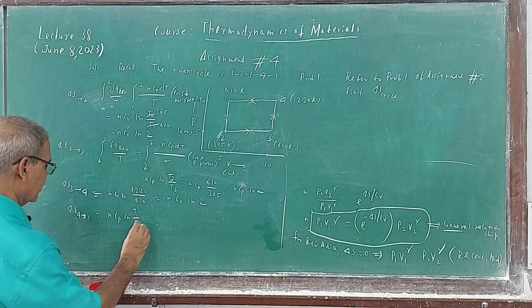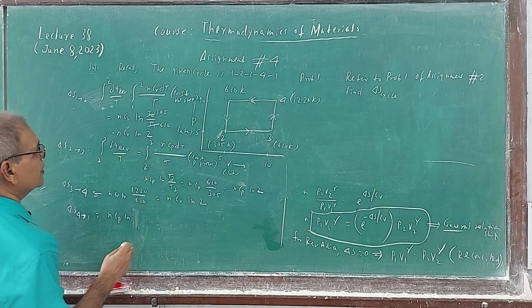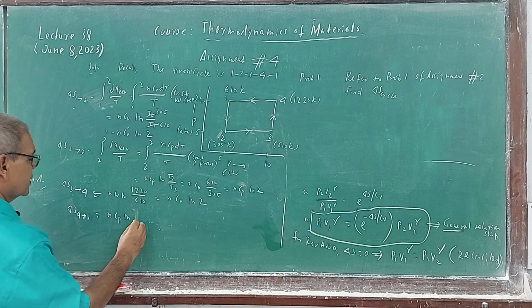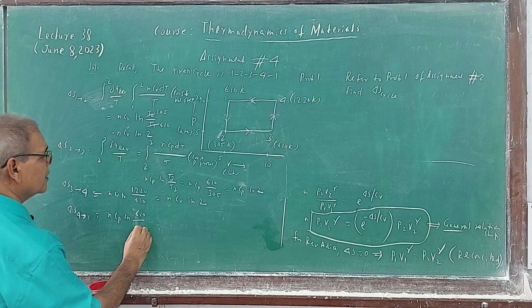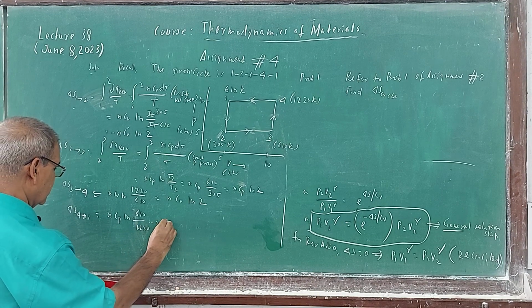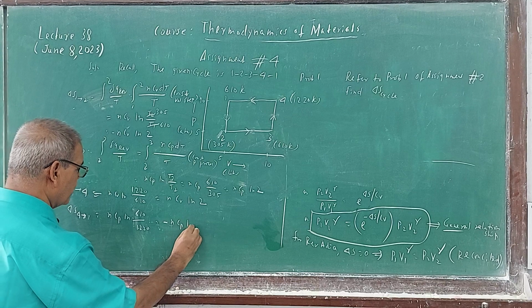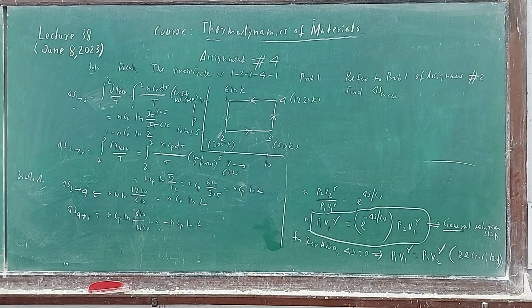Let me write the T1 final: 610 by 1220. Good boy. So minus NCP ln 2. Happy? So combine this.